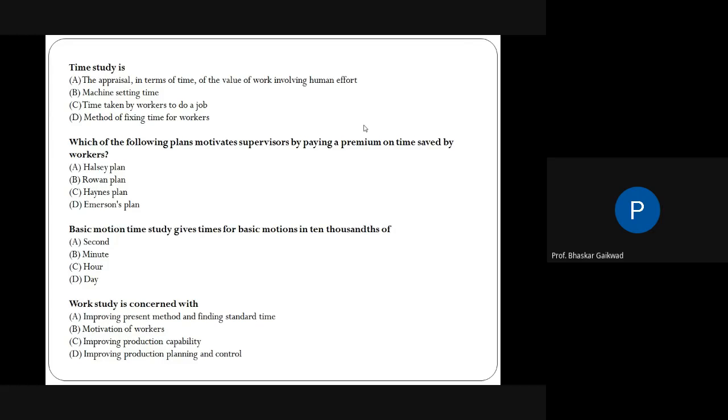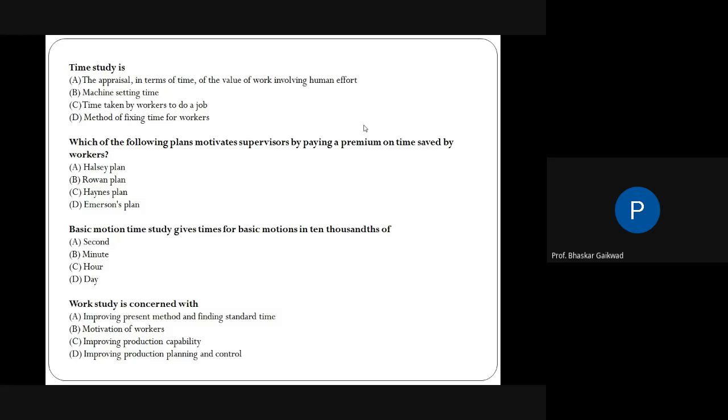So what actually is time study? This concept must be clear, and then you have to see the answer of the test. Next: which of the following plans motivates the supervisor by paying premiums on the time saved by the worker? Here different plans are there, and it comes under job evaluation. There are four types of plans.